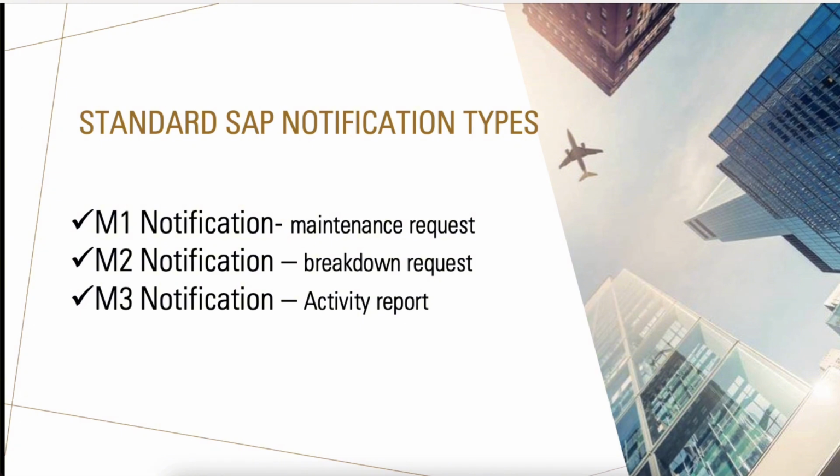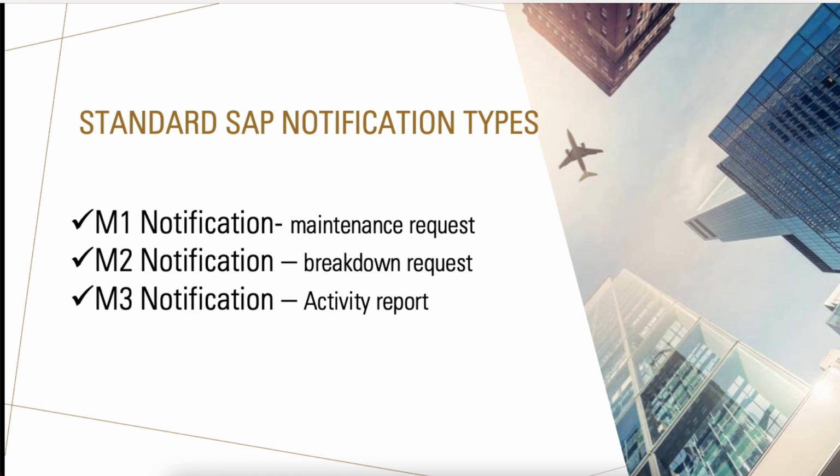Now if you have a breakdown, I'm an operator and I'm running a line, and I have a particular breakdown on my line, the type of notification that I would raise to the maintenance department will be the M2 notification, which is the breakdown request. Now, whether or not the notification will be converted to a work order would depend on whether there would be planning for that particular job.